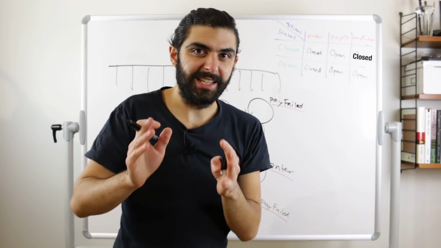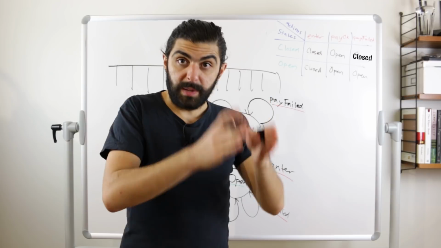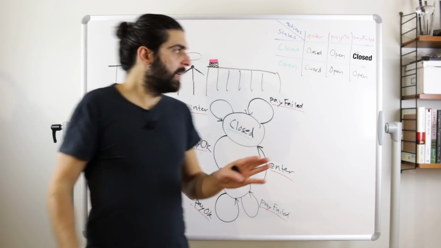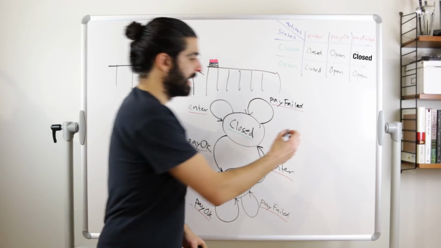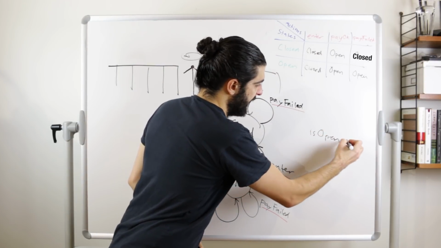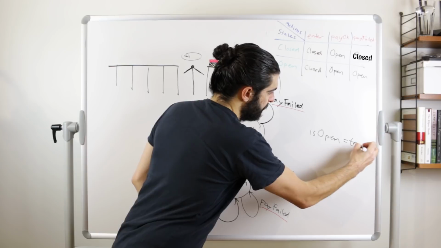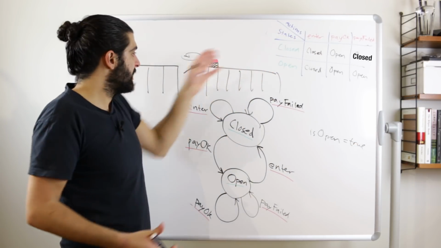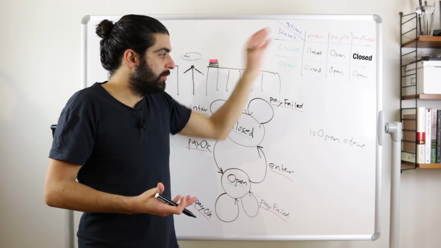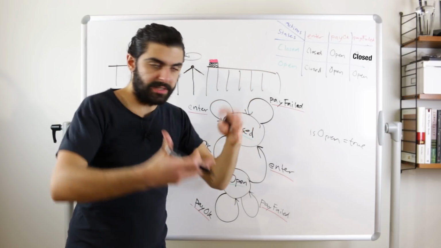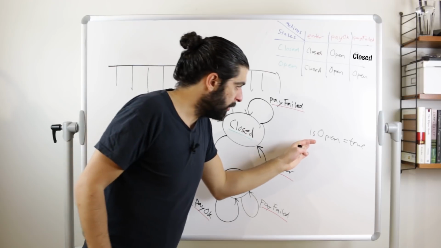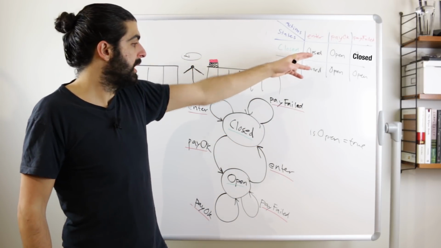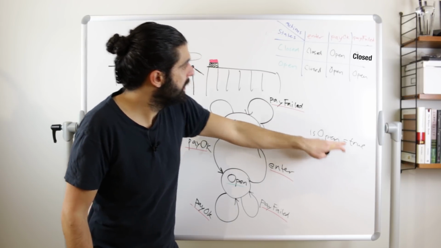So maybe what you're seeing is that what we are doing is that we are replacing a conditional with polymorphism. So if we didn't do the state pattern, what would we do? Maybe we would have a boolean like is open, equal to either true or false. And then if we receive the message enter, let's say, and I'm in the turnstile object, so in the method enter in the turnstile class, if my instance variable is open is equal to true, then what I should do is set is open to closed.